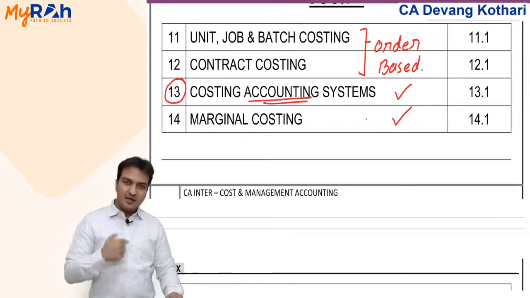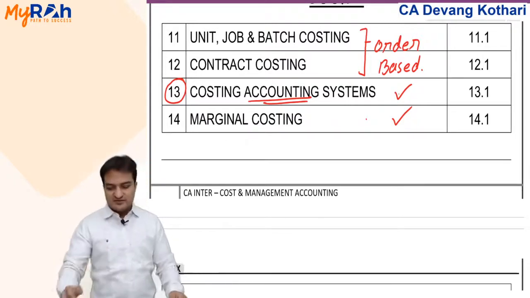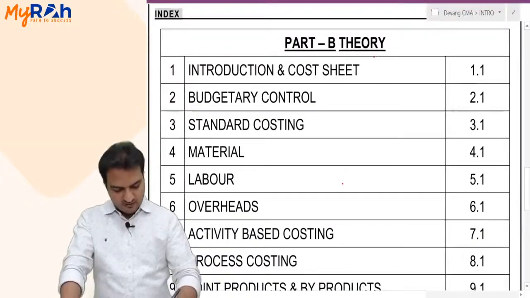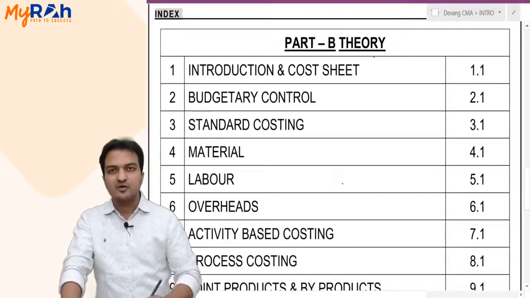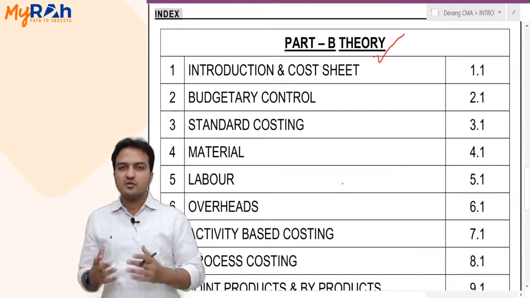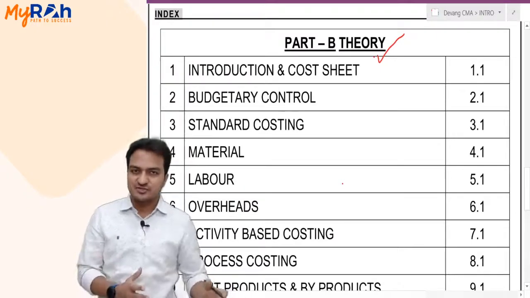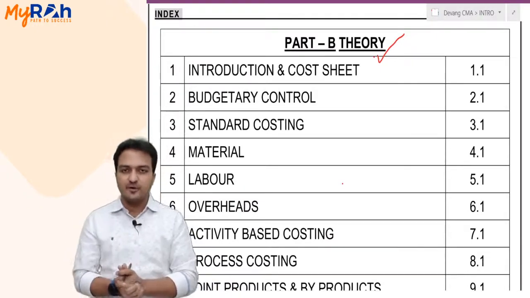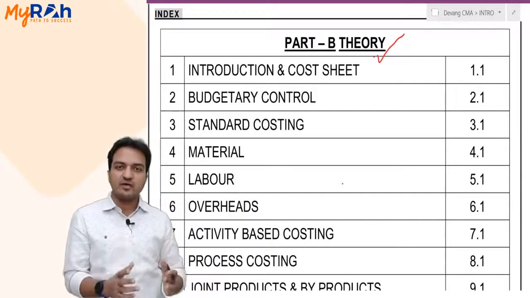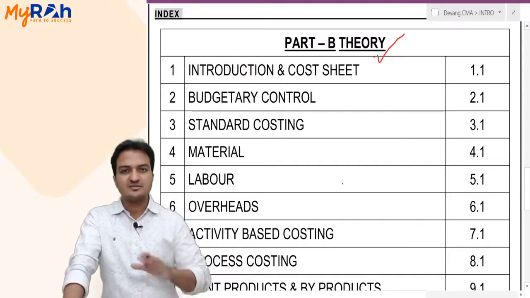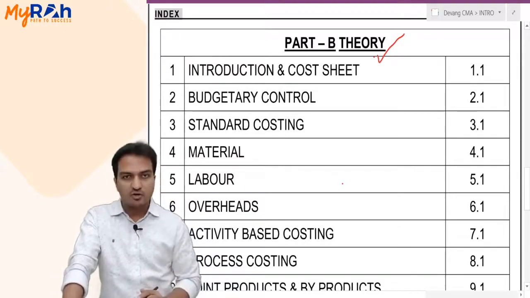Later, by the end of the syllabus, in the last few sessions we will be talking about the other theory. Most of the theory will be covered during our practical discussions only, but there are some other theories with small weightage in your paper, which we will cover in the last few sessions of our subject. So this will be your full content of the costing subject.